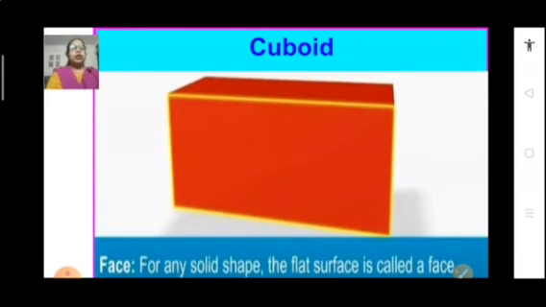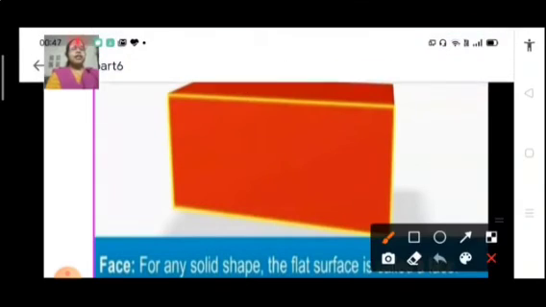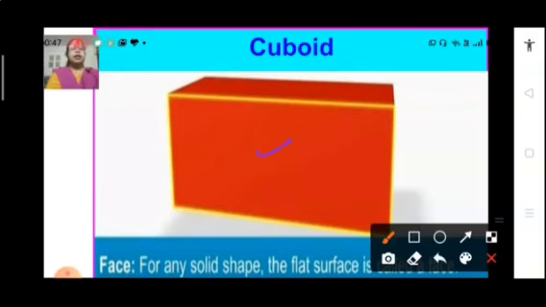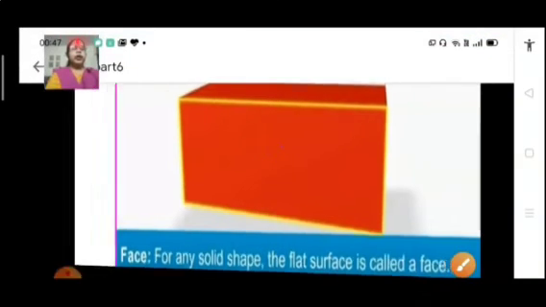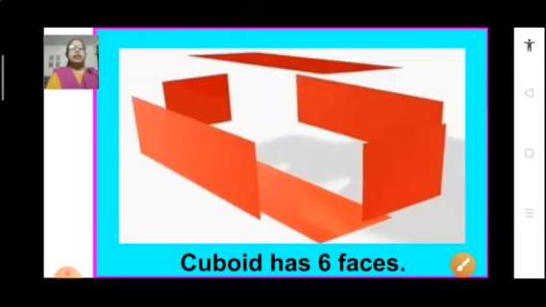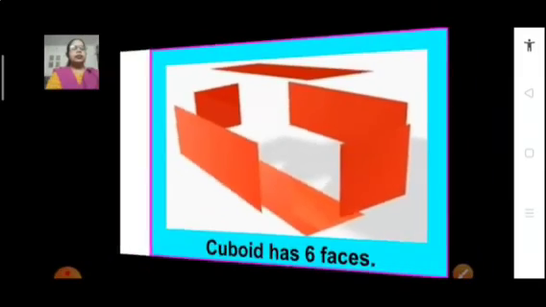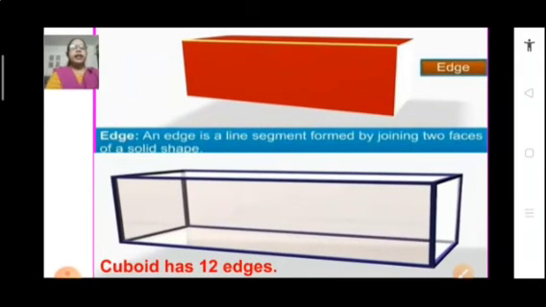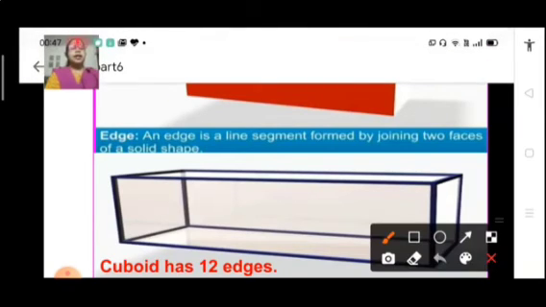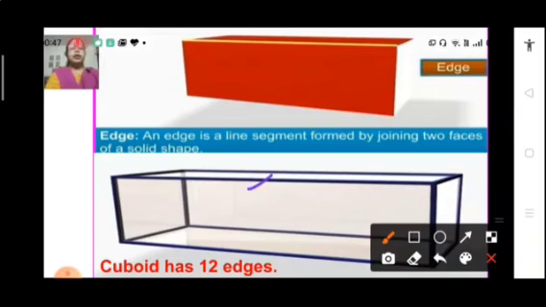So what is the face of a cuboid? For any solid shape, the flat surface is called its face. This can be taken as the face of a cuboid. Now, how many faces does a cuboid have? It has 6 faces. And what is an edge? An edge is a line segment formed by joining 2 faces of a solid shape. So here we can have this as an edge. Similarly, this is also an edge. This is also an edge.